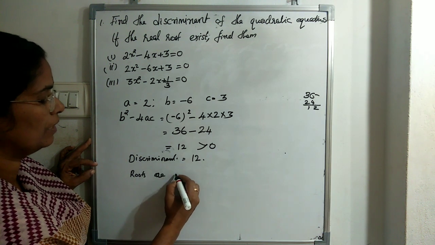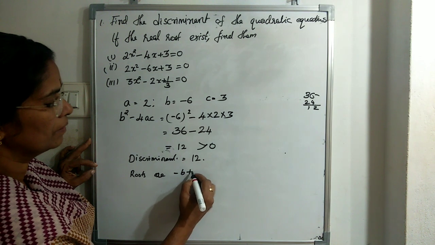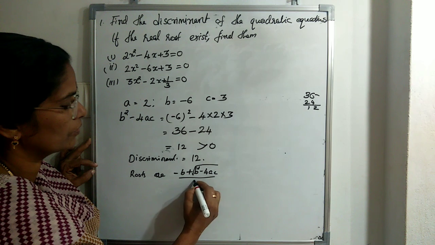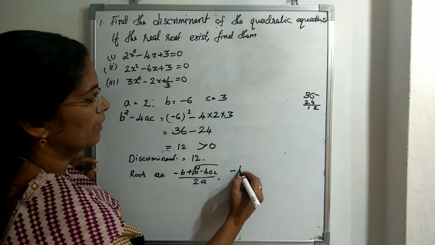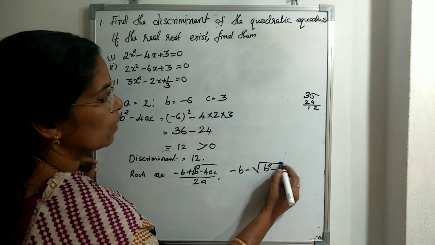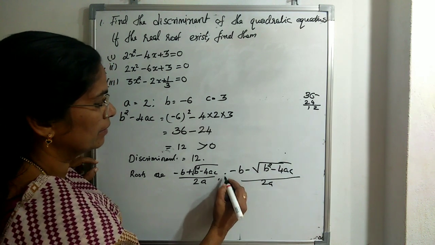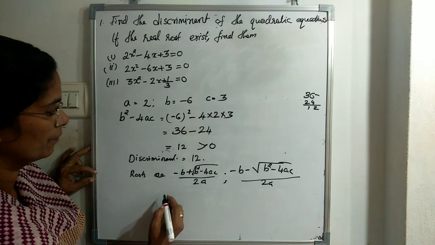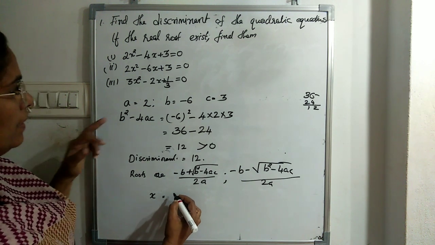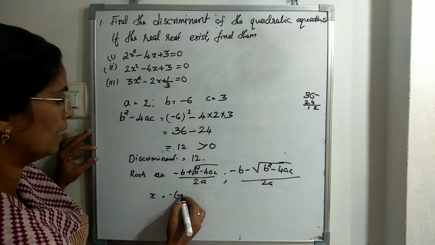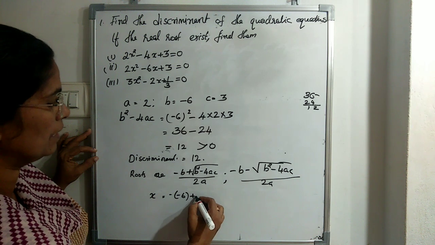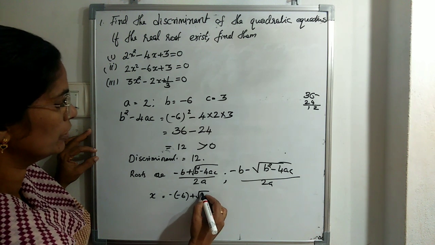First we can write the formula: minus b plus root of b square minus 4ac by 2a and minus b minus root of b square minus 4ac whole divided by 2a. These are the two roots. Okay, so we are writing the root as x equals minus b, minus of minus 6, plus root of b square minus 4ac, that is root 12.